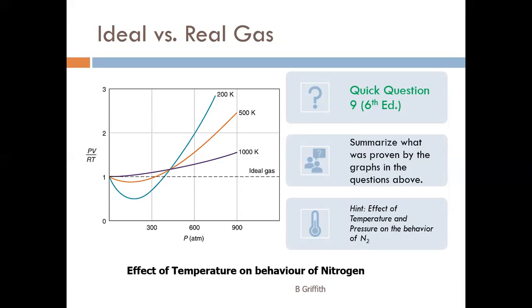The temperature is constant. PV over RT will change based on the temperature that is on the graph. My bad. Anyway, take some time and do quick question number 9. Summarize what was proven, and then continue with the video.